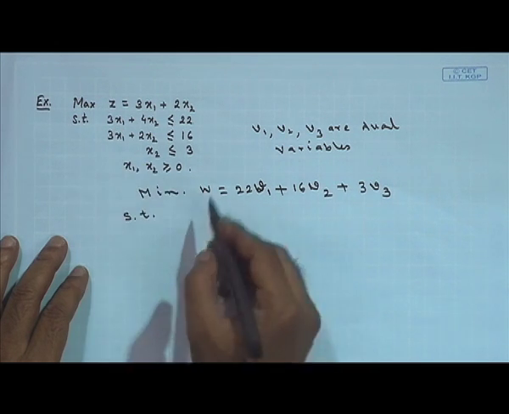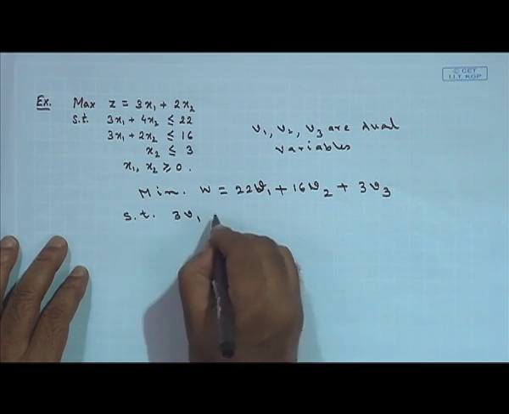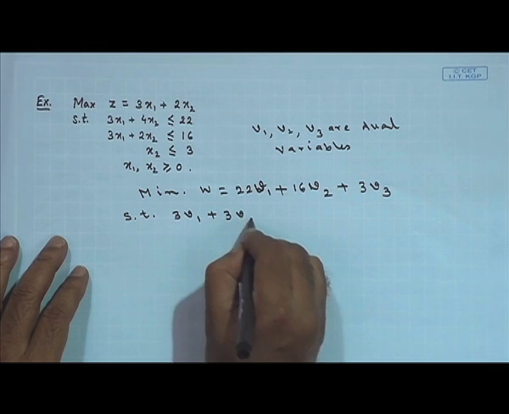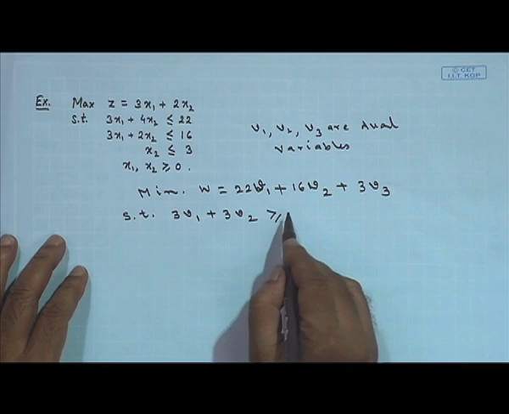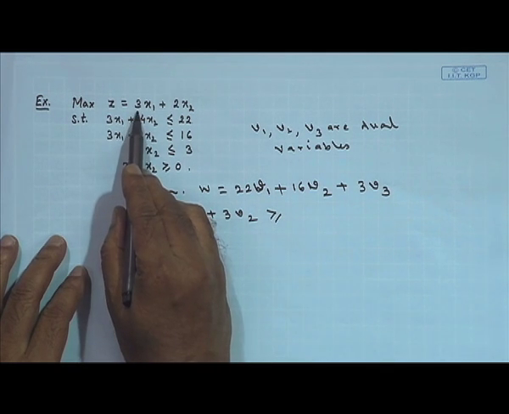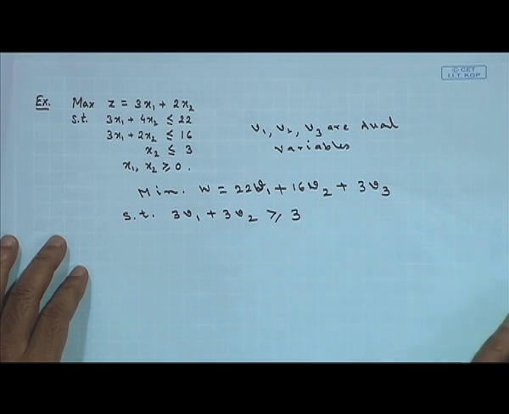So for the first one it will be subject to 3 V1 plus 3 V2 greater than equals the value of Cj. Here the coefficient corresponding to the x1 variable is 3. So here it will be 3.